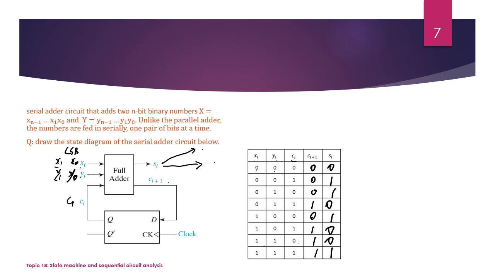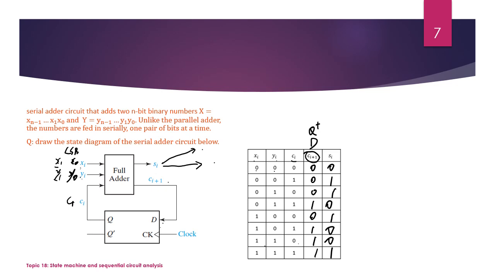But you should know that because ci plus 1 here is connected to the D input of the flip-flop, this actually tells us the next state, the D values.